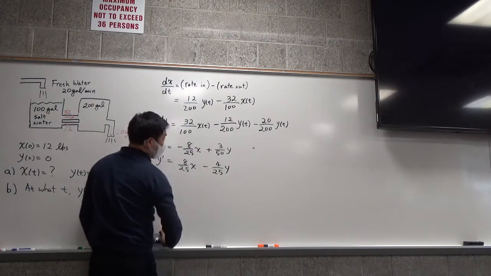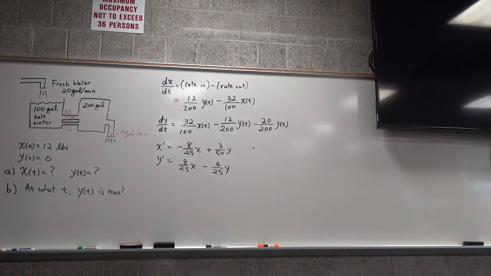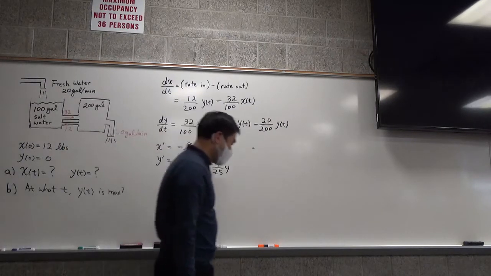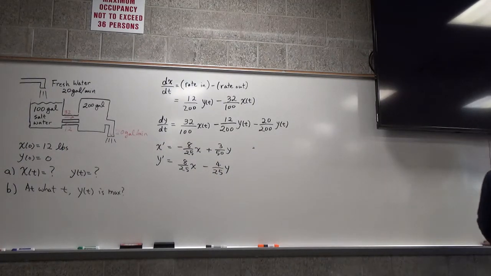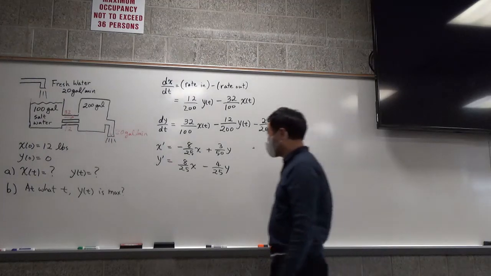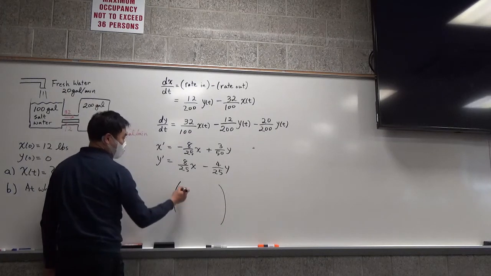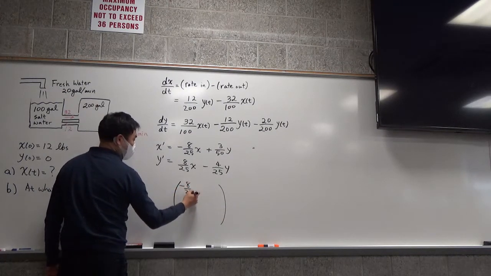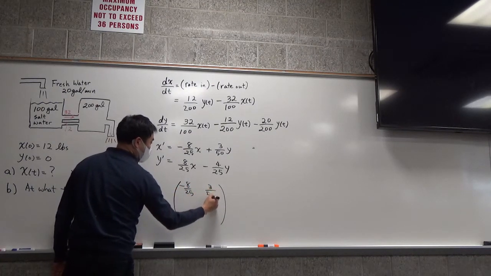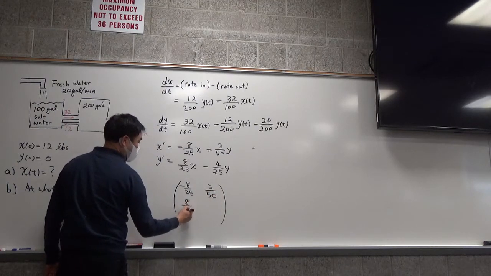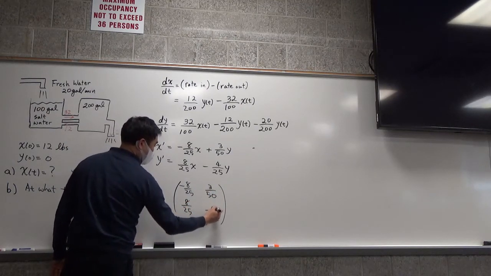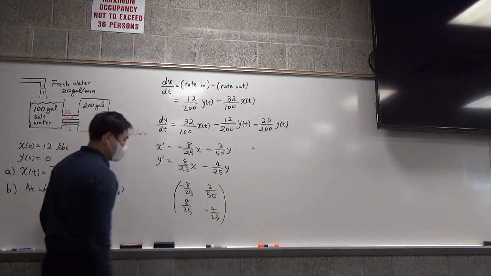All right. So this is the differential equation we have to solve with initial condition x of 0 equal to 12 and y of 0 equal to 0. So that can be solved. Now, what I don't like about this is that your matrix is negative 8 over 25, 3 over 50, 8 over 25, negative 4 over 25.